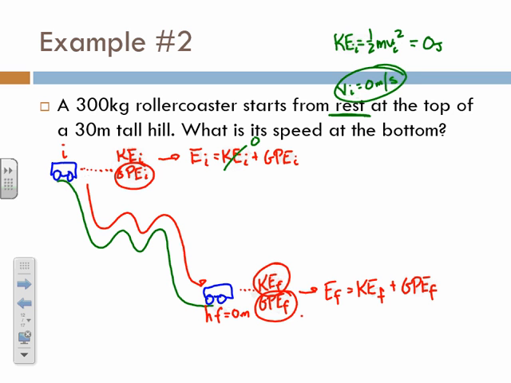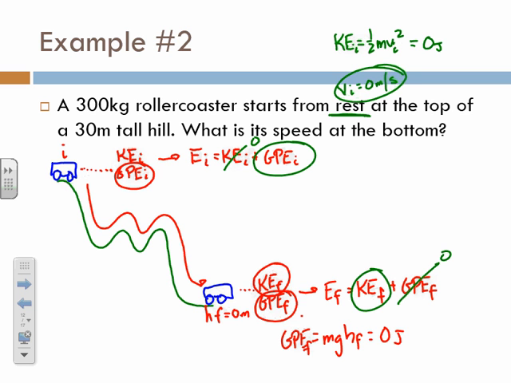And that must mean that my gravitational potential energy at the end, right, because we know that GPE is equal to mgh, right? So if my final height is 0, that must make my final gravitational potential energy 0. So I take all of that energy that I started with up here at the top, my initial gravitational potential energy, and I turn it into kinetic energy here at the end. So how do we show this calculation?